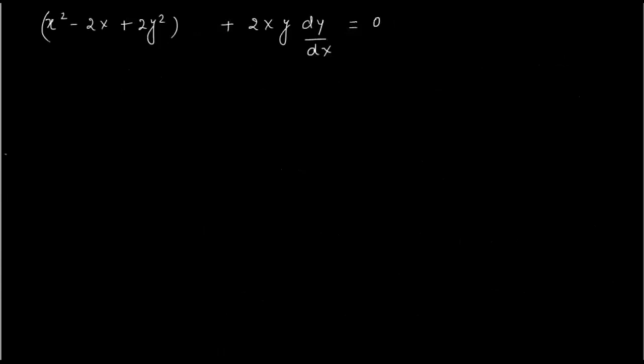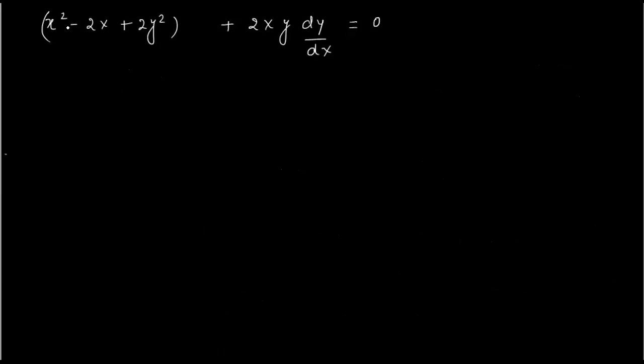So this time we have a question: x square minus 2x plus 2y square plus 2xy dy over dx equal to 0. So first convert this differential equation into Bernoulli or linear differential equation form. So we can rewrite this. Let us divide everything by x first.